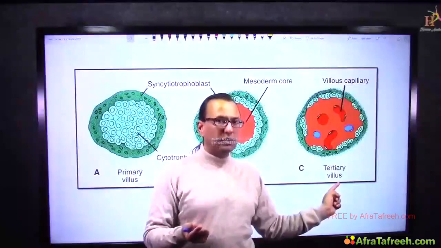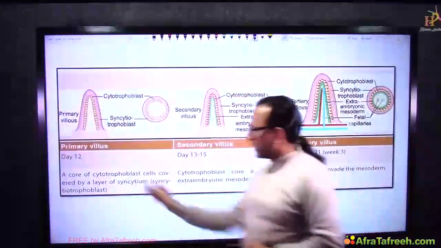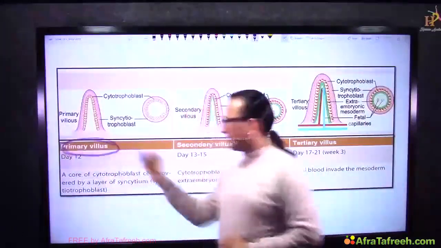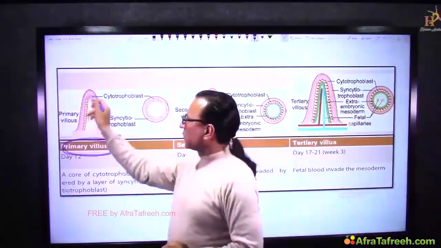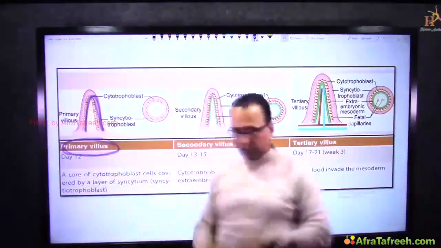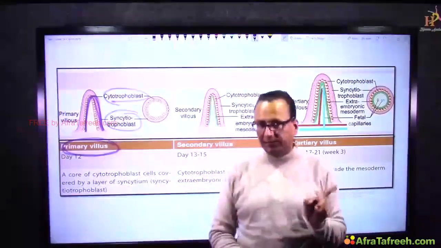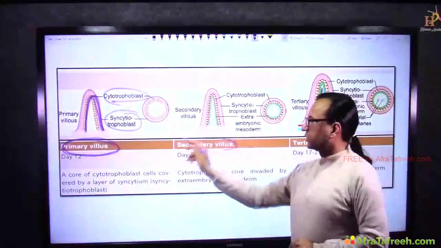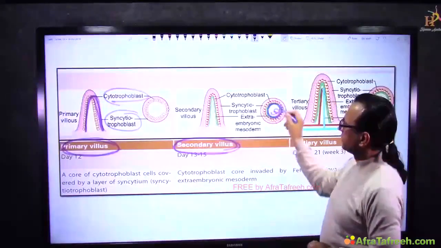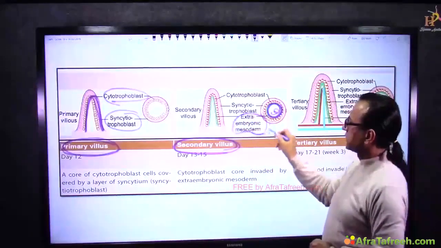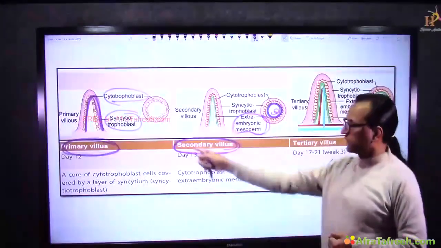Let me show you another diagram for the same details now. So you understand, in the beginning, when you say primary villus, it is some finger-like projection from the chorion frondosum. There is the cytotrophoblast, which was dividing to give syncytiotrophoblast. So cyto plus syncytio is primary villus, but later, when it is secondary villus, some extra embryonic mesoderm has come. If you say this is the extra embryonic mesoderm which has come, it is syncytiotrophoblast plus cytotrophoblast plus extra embryonic mesoderm, and that is secondary villus.